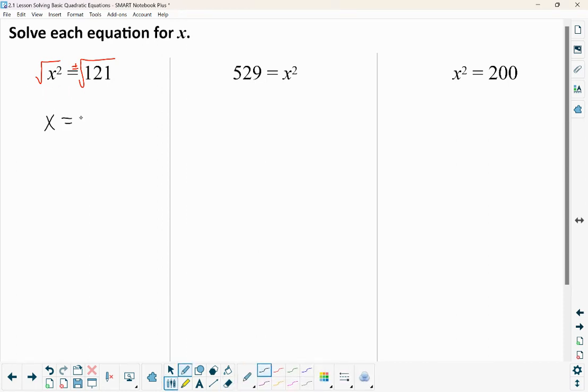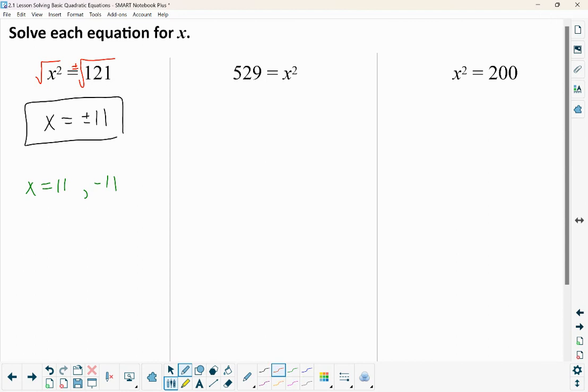And then on this side, we have positive and negative square root of 121. Well, the square root of 121 is 11. So we have just found our two answers to that equation. X is equal to positive and negative 11. Again, that's just shorthand for this, that x can be both positive and negative 11.